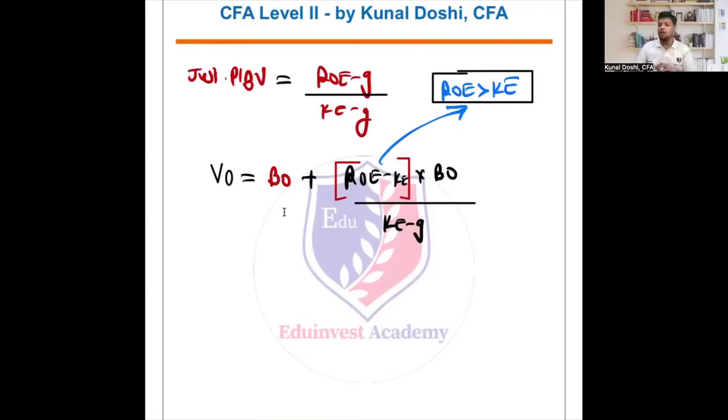So for both, for justified price to book value ratio and for intrinsic value using residual income, the most important components are ROE and cost of equity. So if the ROE is greater than cost of equity, your price to book value ratio is higher and your valuation is also higher. Understood? So in both these cases, the components required for the valuation are the same.